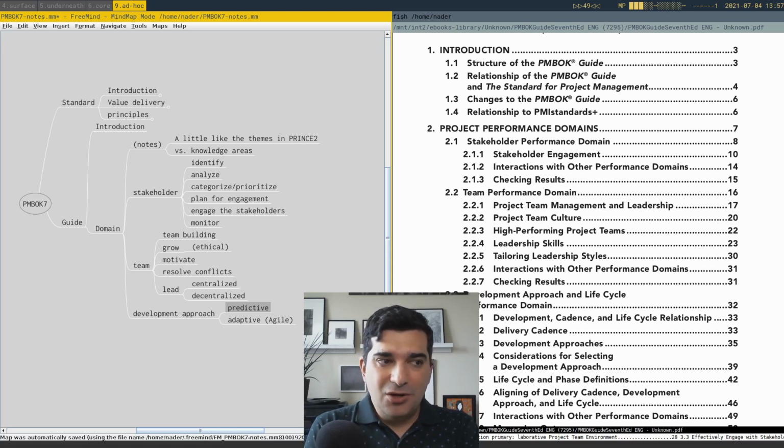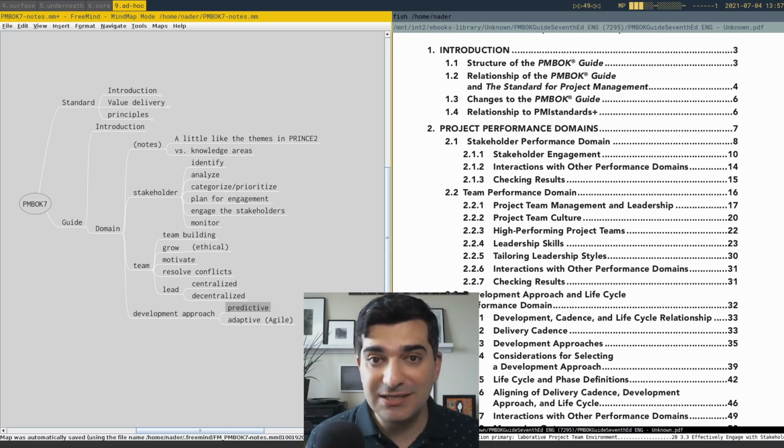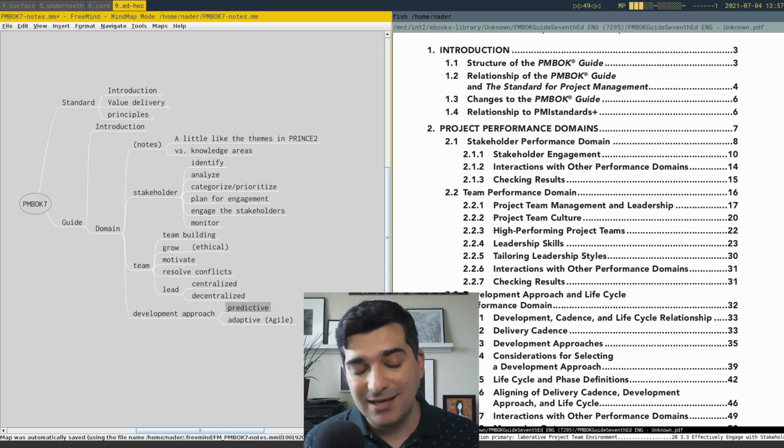So calling it traditional creates a bias. And because we want to be good critical thinkers, we come to the conclusion that it's not a good idea to call it waterfall or traditional, and just call it predictive. And that's what we did in the PMBOK guide.